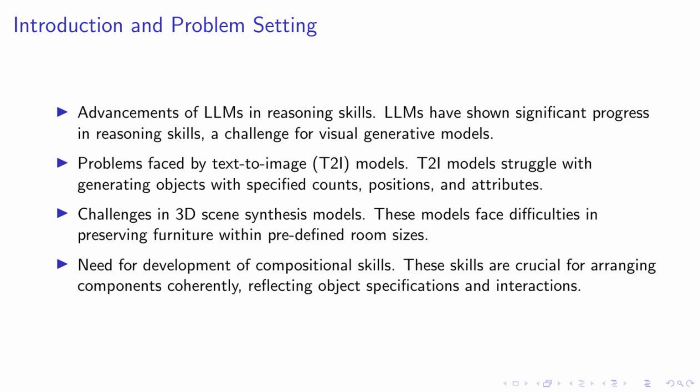They often find it difficult to maintain the proportions of furniture within predefined room sizes. To overcome these hurdles, we need to develop compositional skills. These skills are essential for arranging components in a coherent manner that accurately reflects object specifications and interactions. This is the problem setting we are dealing with, and it's what led us to the creation of LayoutGPT.